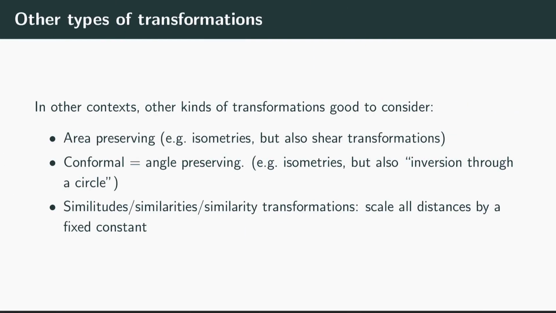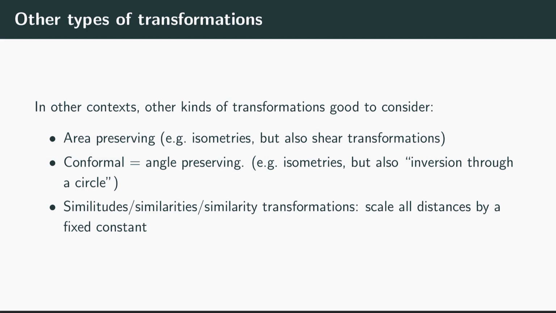Now that's not the only kind of transformation that's meaningful or relevant in mathematics. Depending on the kind of problems you're interested in, important ones are area-preserving transformations. That's going to include all the isometries, but it also includes our shear transformations.